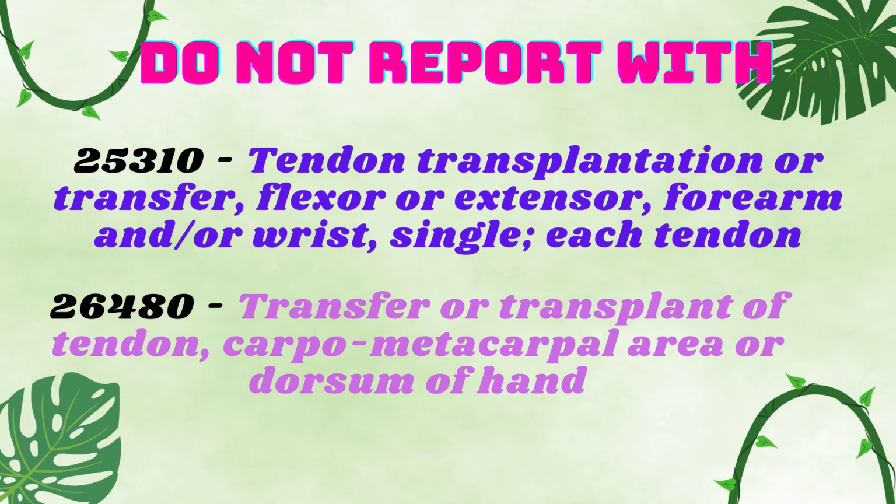Again, going back to the new code 25448, you have noticed that the tendon transfer or transplant is again bundled. Here is again the snapshot of this new code, which states arthroplasty, intercarpal or carpo-metacarpal joint suspension, including transfer or transplant of tendon. This shows that this code 25448 inherently includes the tendon transfer or transplant of this particular site.